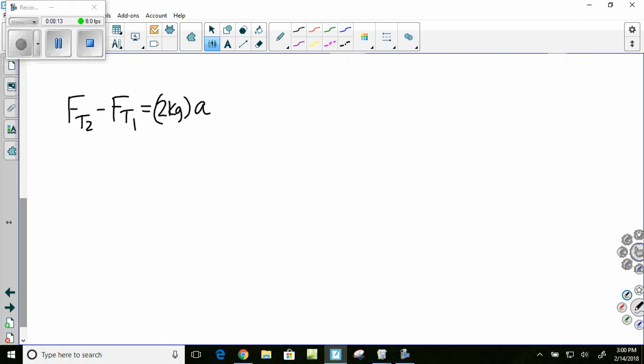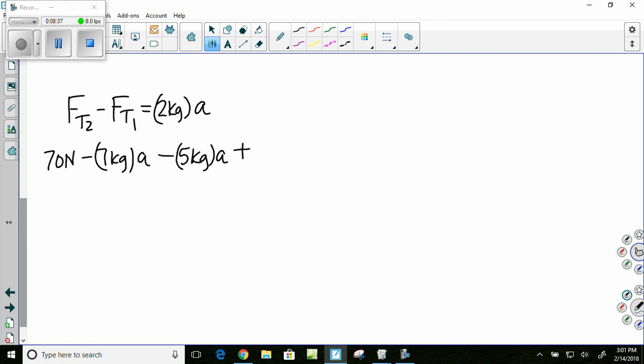So for T2, I'm going to put 70 newtons minus 7 kilograms times A, minus, now be careful because of the minus sign. It changes the sign in what I'm putting in for Ft1. So it's minus 5 kilograms times A plus, which will actually be a minus. So I'm going to go ahead and change it.